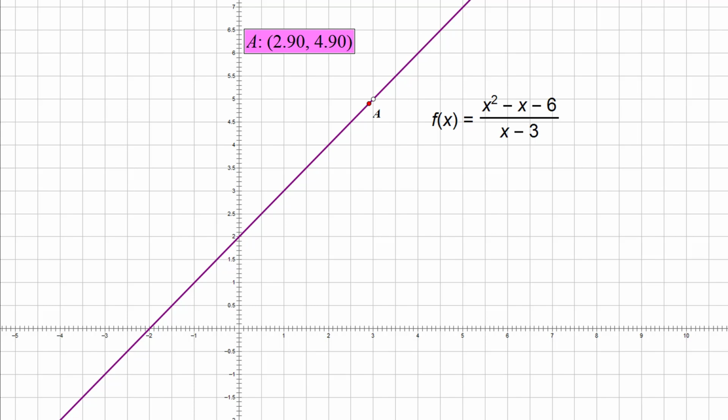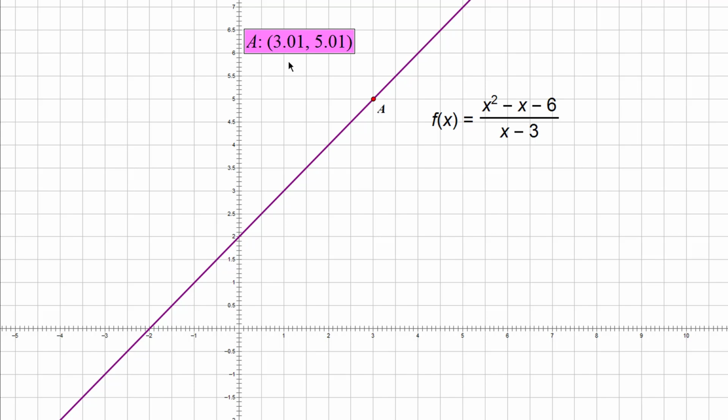Let's continue and get closer to x equals 3. As you can see, when x is very close to 3, the corresponding y value of the function is 4.99, which is very close to 5. So we can guess that the limit of this function as x approaches 3 should be 5.